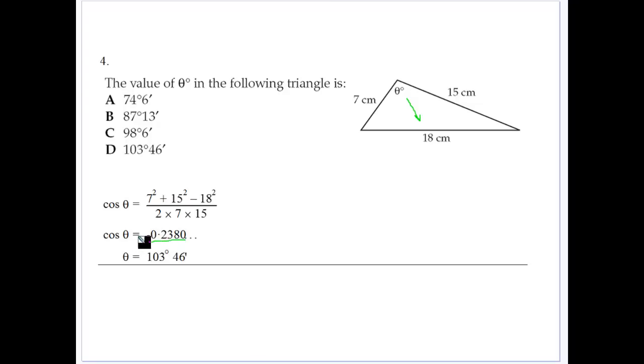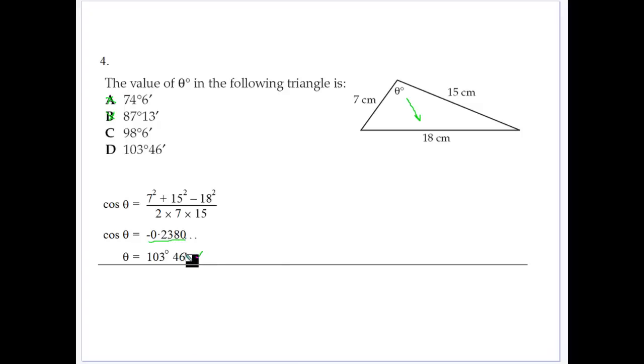So once I get to that point, well, I can get rid of B and A straight away because they're acute angles. So I know it's either got to be 98 or the 103. Again, put that straight into your calculator. Take inverse cosine of that, which shouldn't be a problem because it'll give you the obtuse angle straight away.